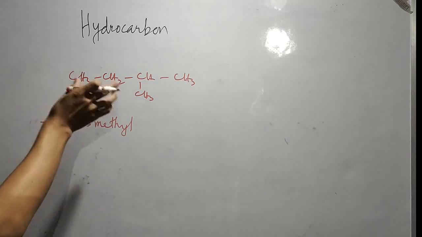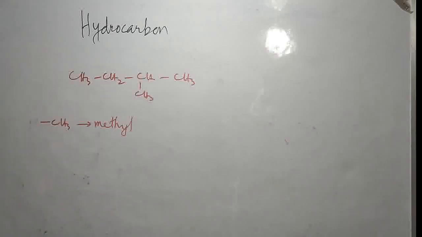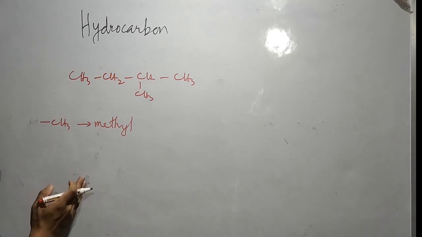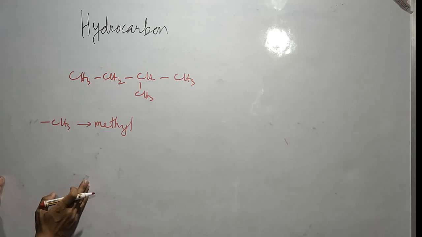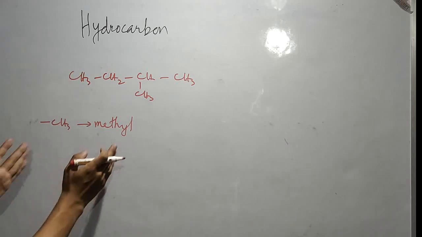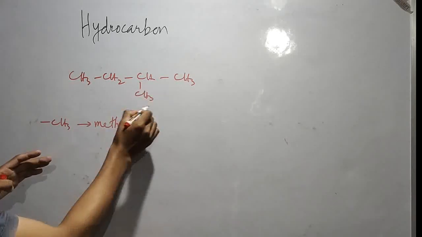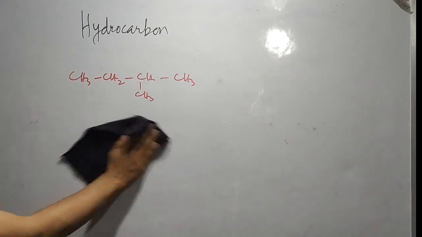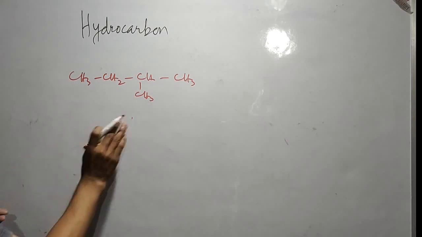Now the side chains are the secondary prefix. According to the order of the nomenclature, first comes the secondary prefix. So this side chain is the secondary prefix, and that should be in the first place, therefore the name will be like this.